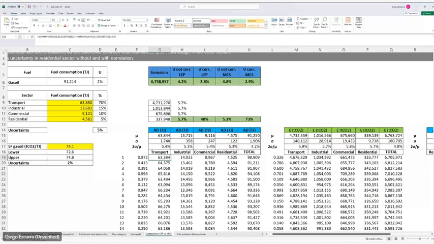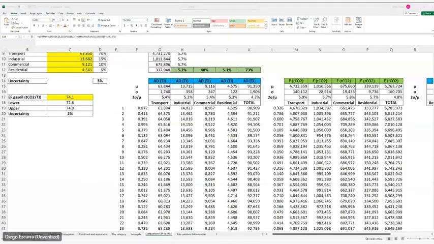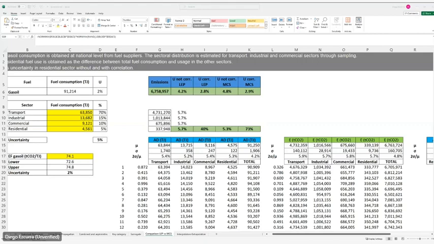Is the uncertainty of the sectoral consumption assumed to be 2%, the same as that of gasoil? The assumption for the gasoil is 2%. The assumption for the sectoral consumption is 5%. The value here, 5%, is the uncertainty for the sectoral disaggregation.